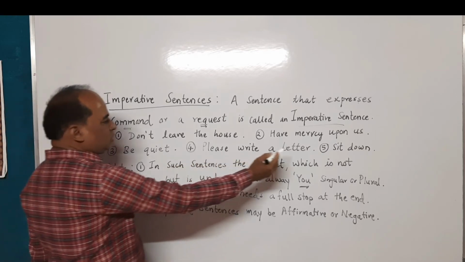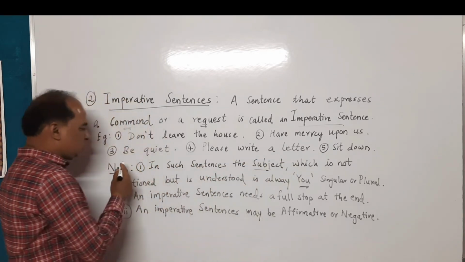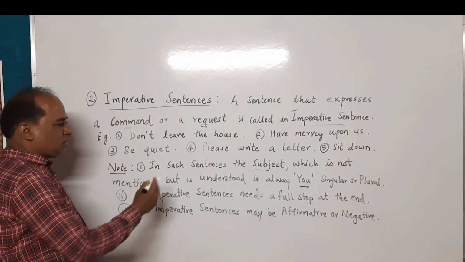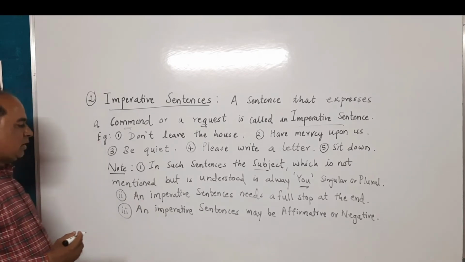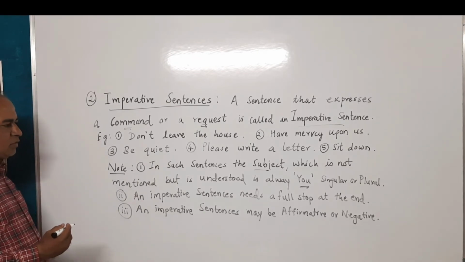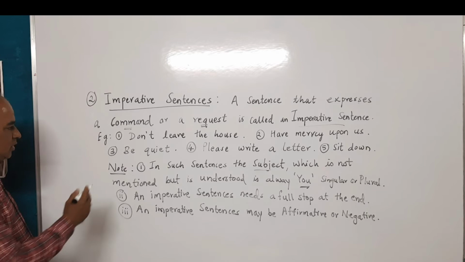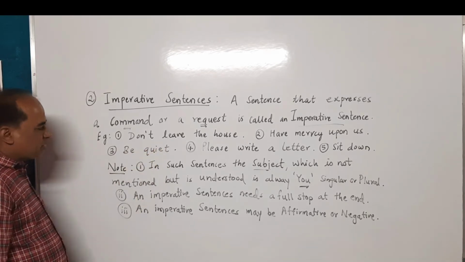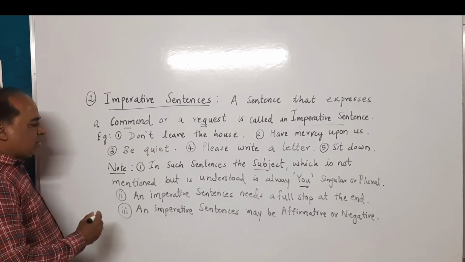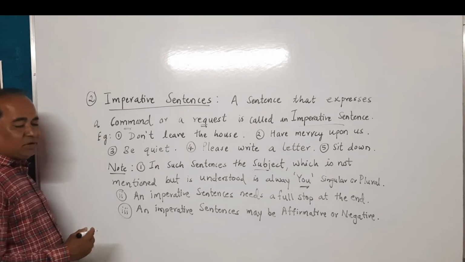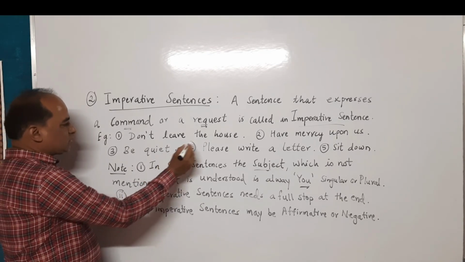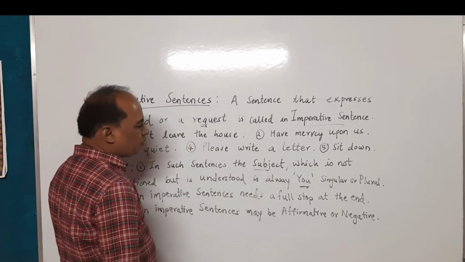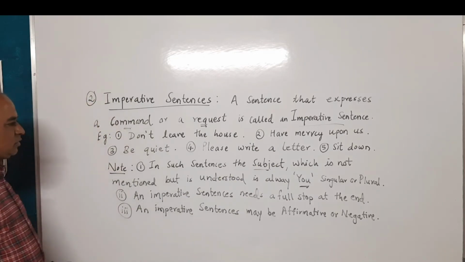So here, you sit down or you be quiet. Here you is understood, though not mentioned in these examples. An imperative sentence needs a full stop at the end of the sentence.